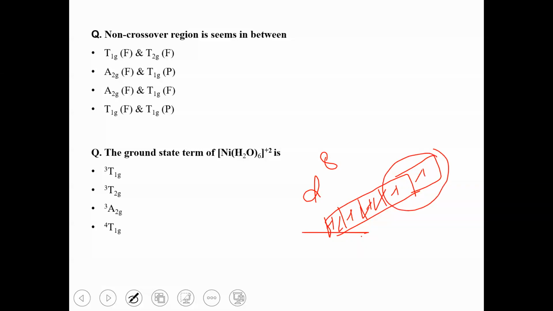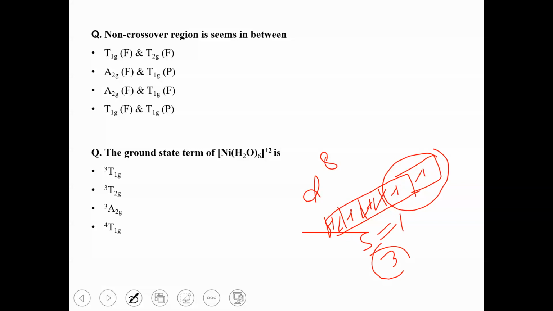And in the second one, the ground state term for this complex, that is a d8 complex. Since water is a weak ligand, fill out the electrons. Spin is 1 and spin multiplicity will be 3.